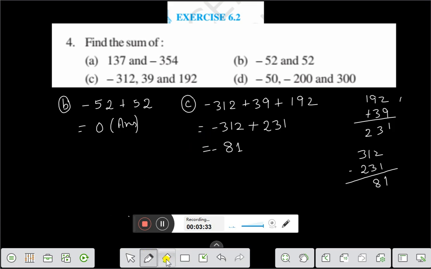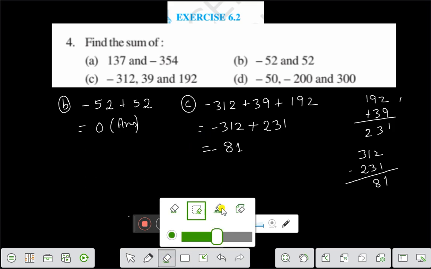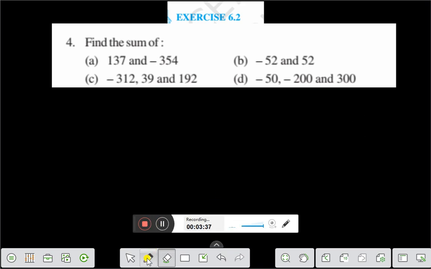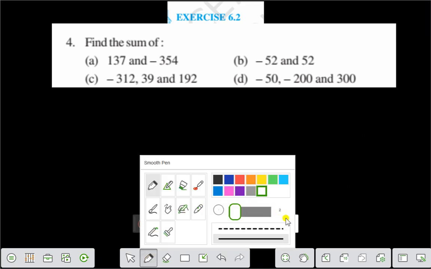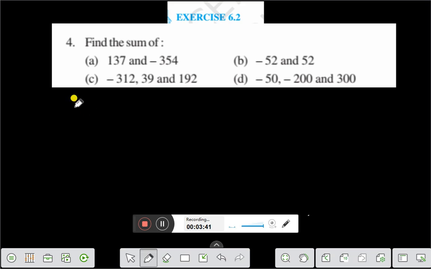Now we will do the next question, that is question number D. Question number D is, if we add all the numbers, that is minus 50 plus minus 200 plus 300.